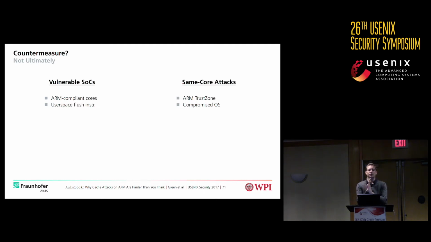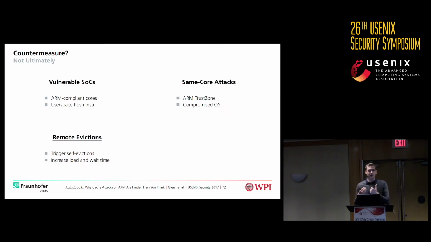Then you can still schedule attacker and victim on the same core and do eviction-based attacks regardless of AutoLock. Then there is something that we call remote evictions. Recall that the level 1 caches have a rather small associativity. So a little bit of unrelated activity, a little bit of background noise, will help in evicting lines that are in the level 1 and thereby unlocking them in the level 2.